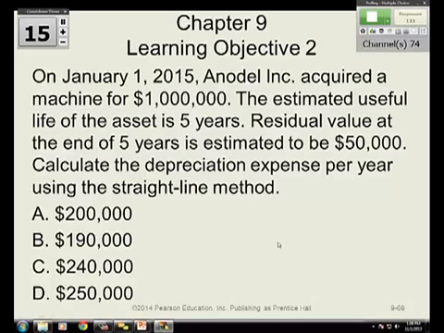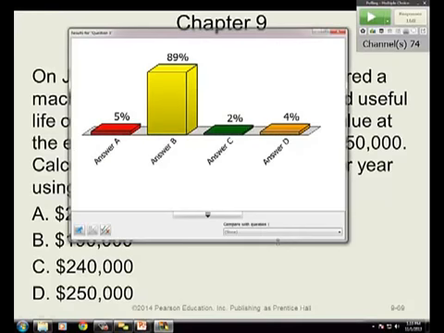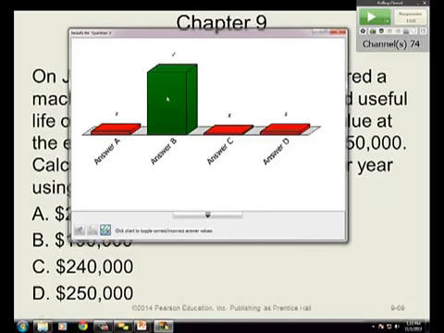Everybody's got to get this one right. All right, almost everybody got it right. So the answer is 190.